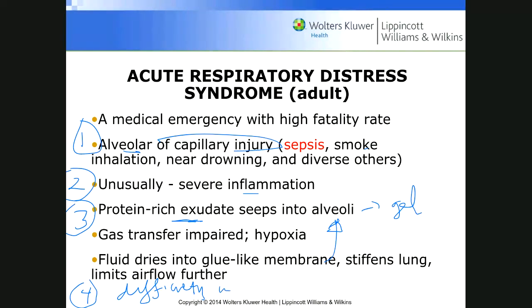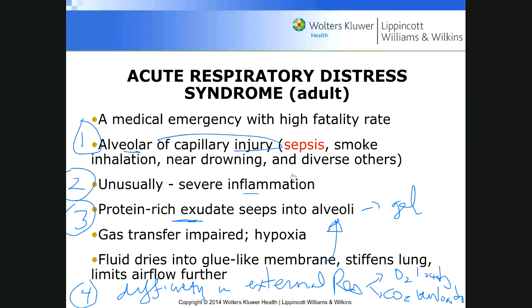we call it external respiration, right? So external respiration is oxygen loading and CO2 unloading. And this is exactly what happened in COVID-19: they got infected with the coronavirus. It damaged the alveolar cells.